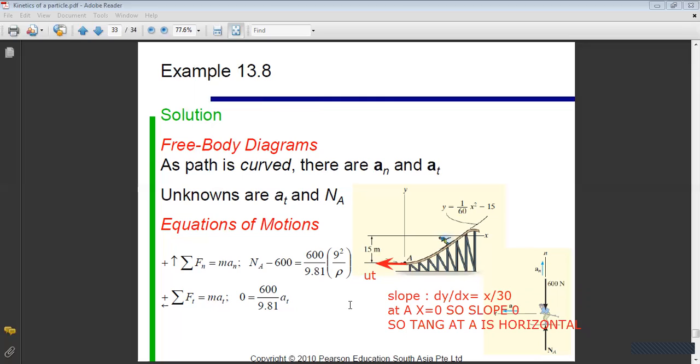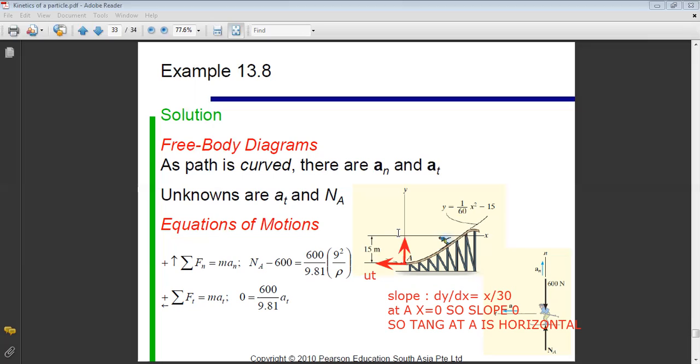And UN, as usual, is perpendicular to UT, directed towards the center of curvature. And as you can see here, your concavity is upward. So the center of curvature will be on the upper side. So this is UN. Now here from the figure, it's clear. In case the figure is not very clear, you can do the second derivative.